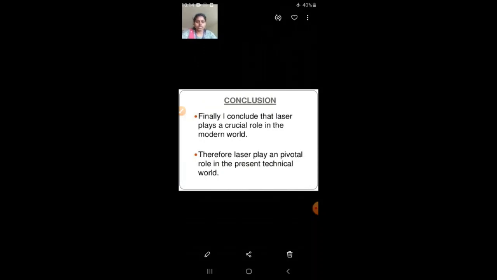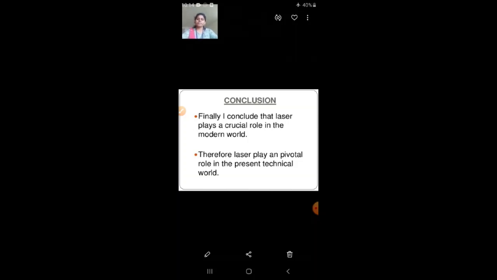And conclusion: finally I conclude that laser plays a crucial role in the modern world. Therefore, laser plays a pivotal role in the present technical world.